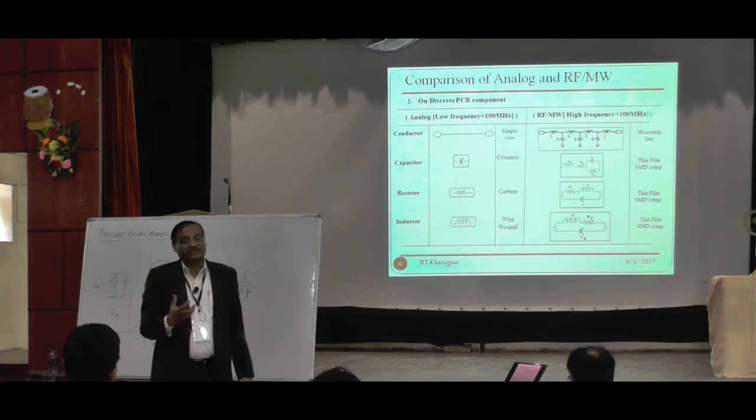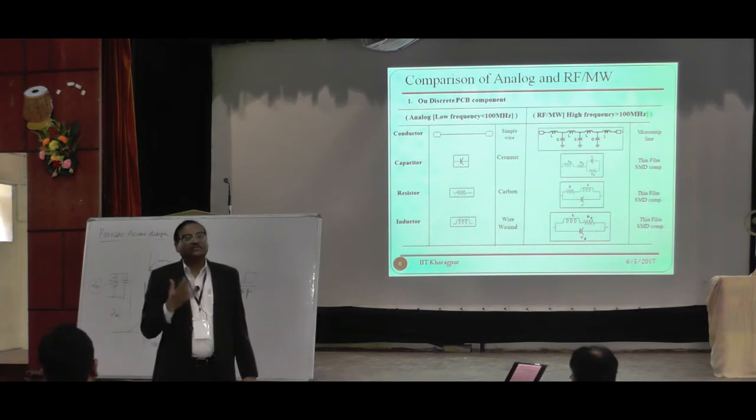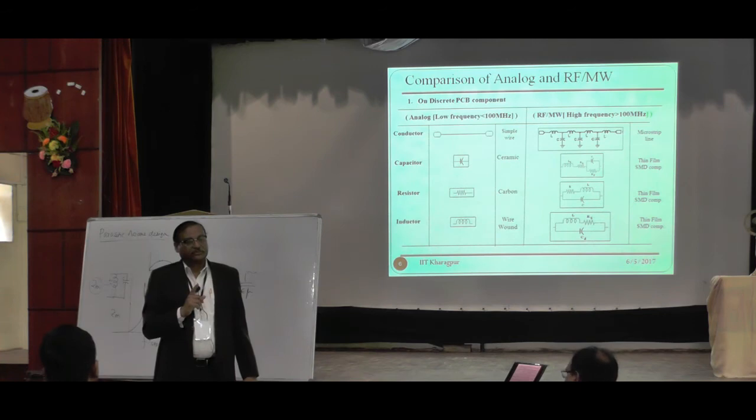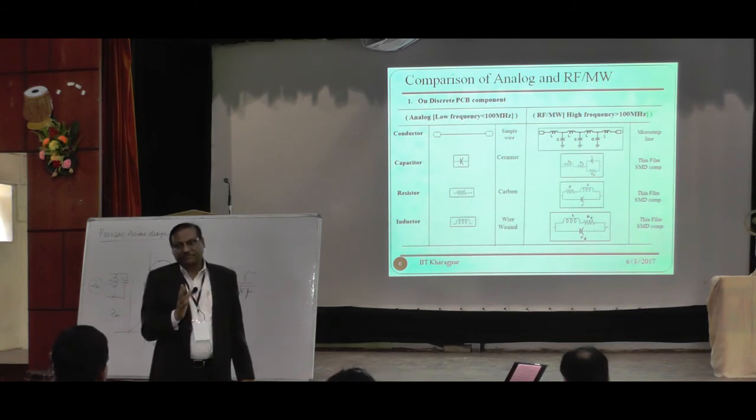So you should have at least the cutoff frequency of transistors 10 times higher than the operating frequency. Second, for all the components which you are trying to incorporate in your design, the self-resonance frequency should be as high as possible compared to the operating frequency. Otherwise you cannot design. So those things are pretty important.